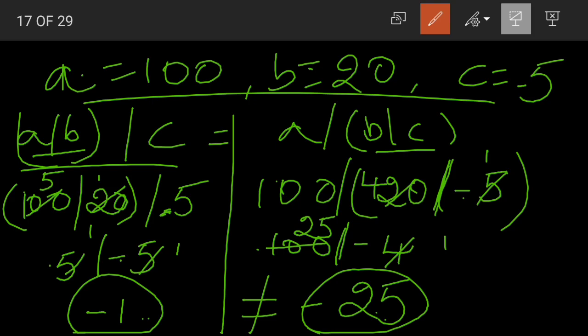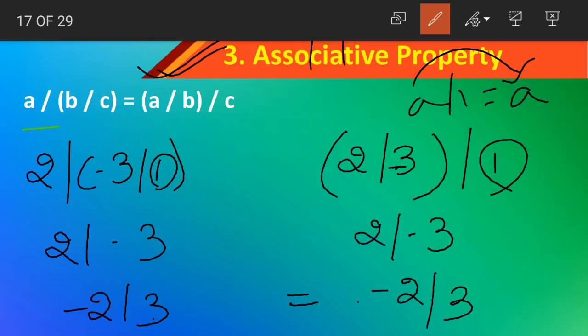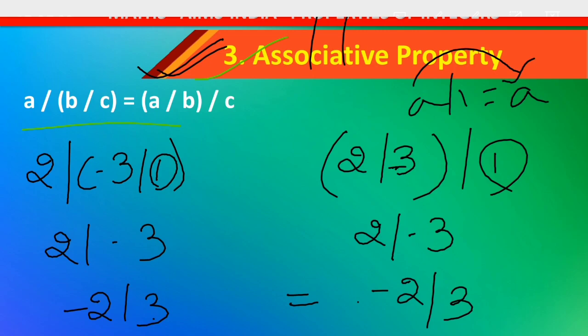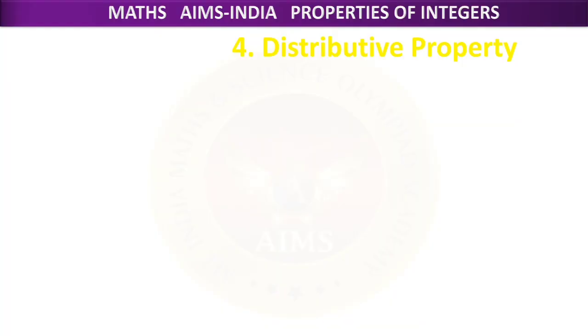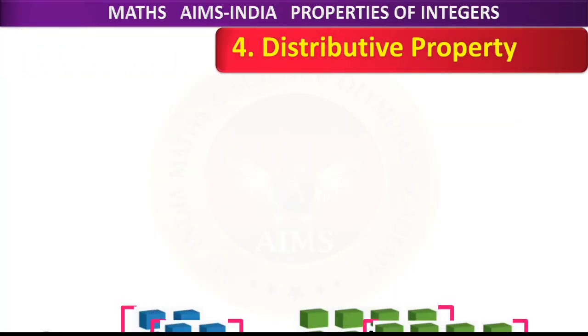As here both are not the same, we can say that division of integers does not follow associative property. Even in your exam, whenever you have to solve such problems, it is better to cross check by taking two different sets of integers. I hope this is clear.